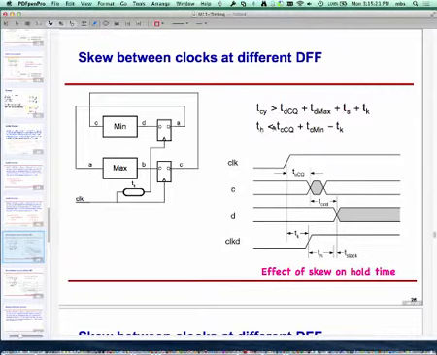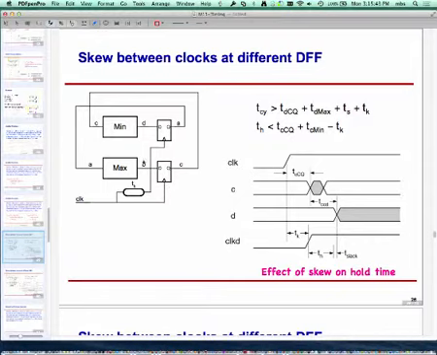So I also have to subtract TK, and that should still be greater than TH. So again, in this case, skew is hurting us, because if skew is large enough, if this little delay out here is large enough, then this bottom inequality can also become unsatisfied. Okay, so skew can hurt us.